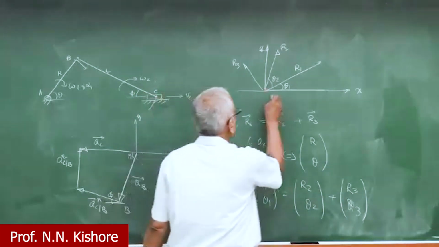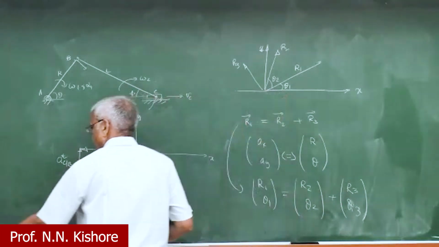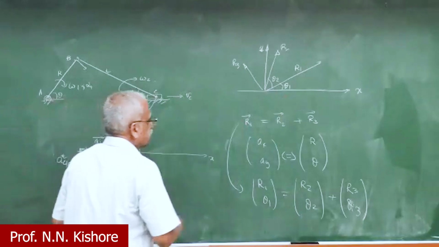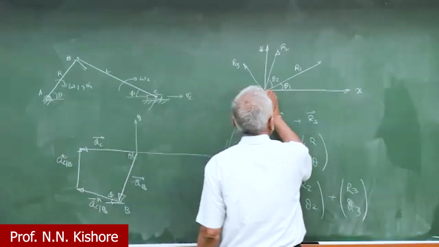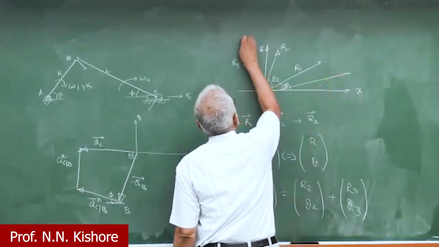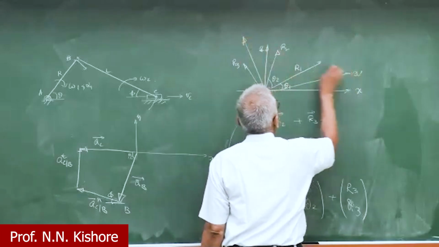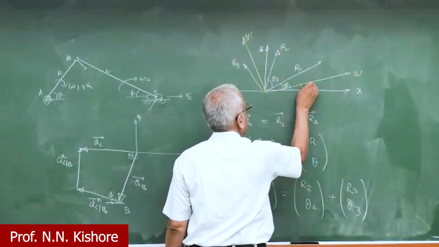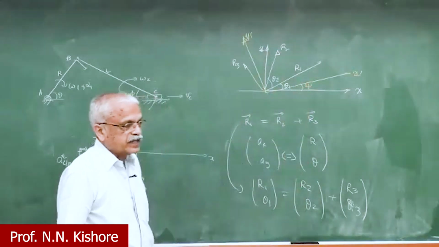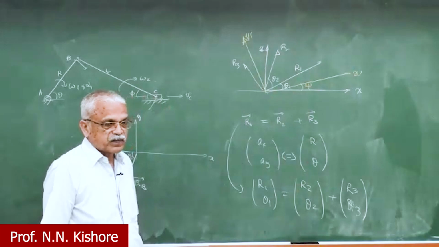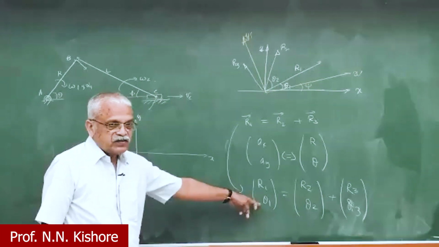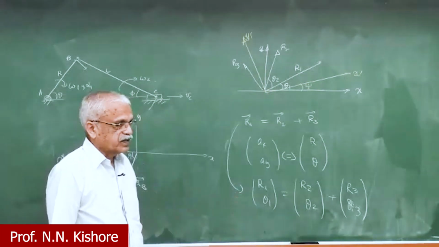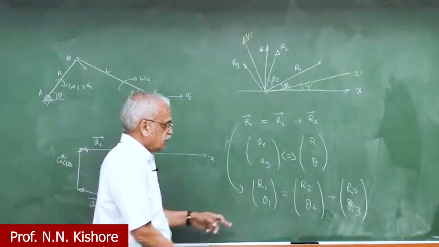Interestingly, if I change the axis here, we will discuss this, but I just want to transform slightly into another coordinate system, x prime y prime. What will this be?